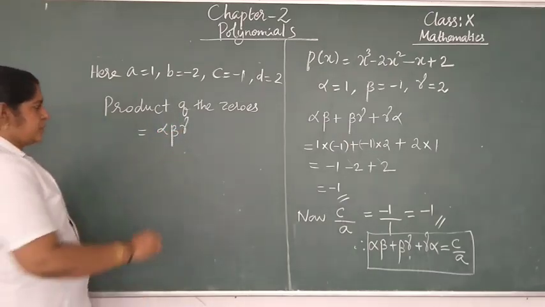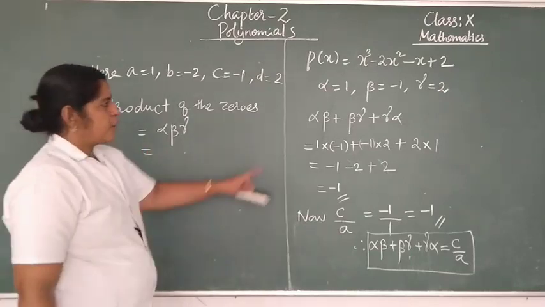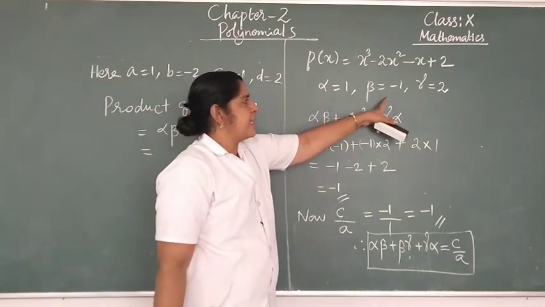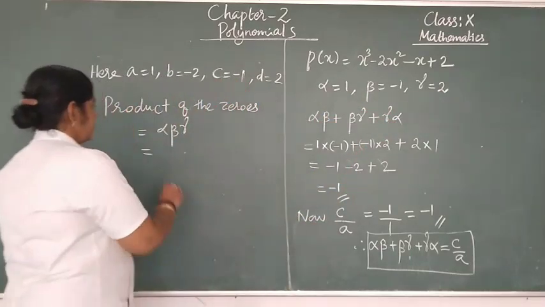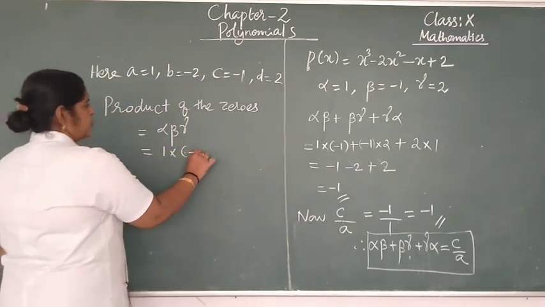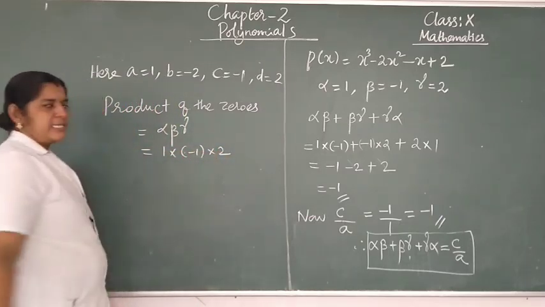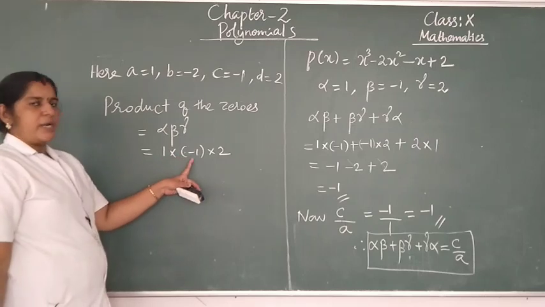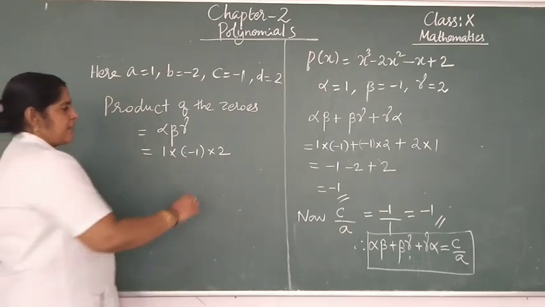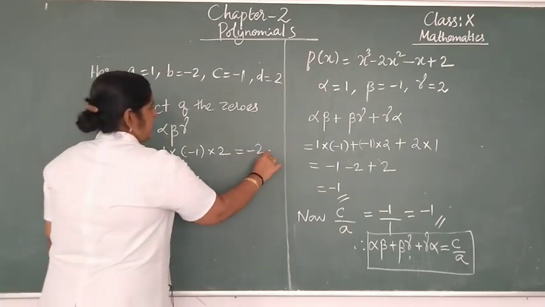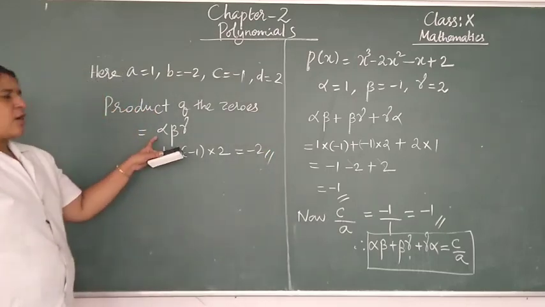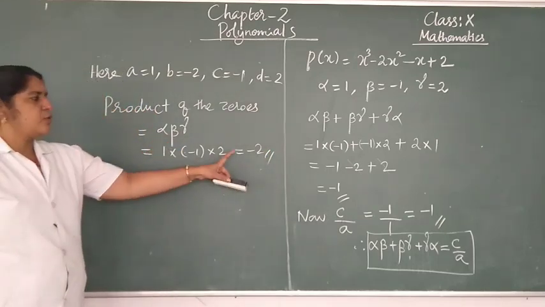Multiply the three zeros. What is alpha? 1, into beta, minus 1, into 2. So 1 into minus 1 into 2. What is the answer? 1 into minus 1 into 2 is minus 2. Yes. So we got the product of the zeros equal to minus 2.